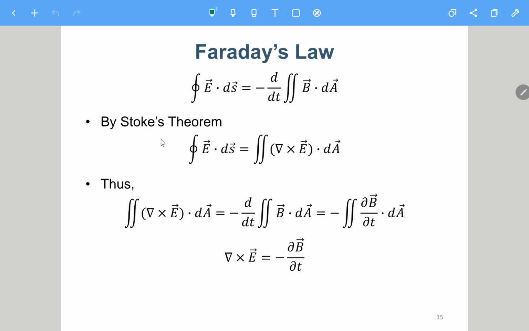Using the Stokes theorem, the left side is a line integral, so on the right side we take the double integral, or surface integral, of the curl of E. So this one equals this one, and this one equals the upper one. So we put this one here, put this one here.